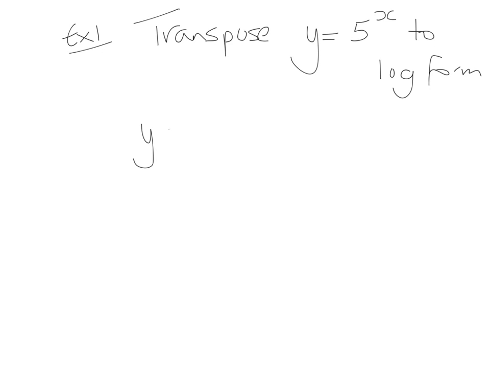Okay, so we've got y is equal to 5 to the x. So if we're going to convert this to log form, basically the base of this part here, which is 5, is going to become the base of the log. So we write log to the base 5 of y, and then we're just left with the x.